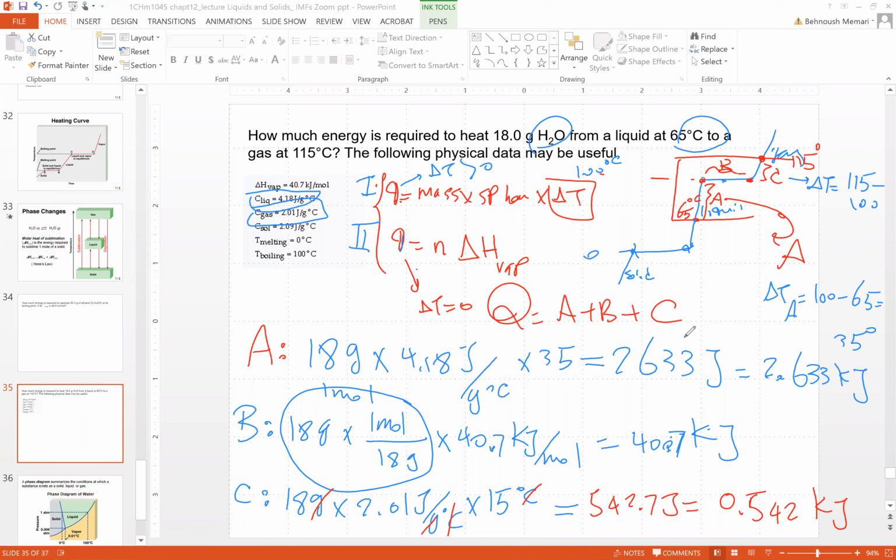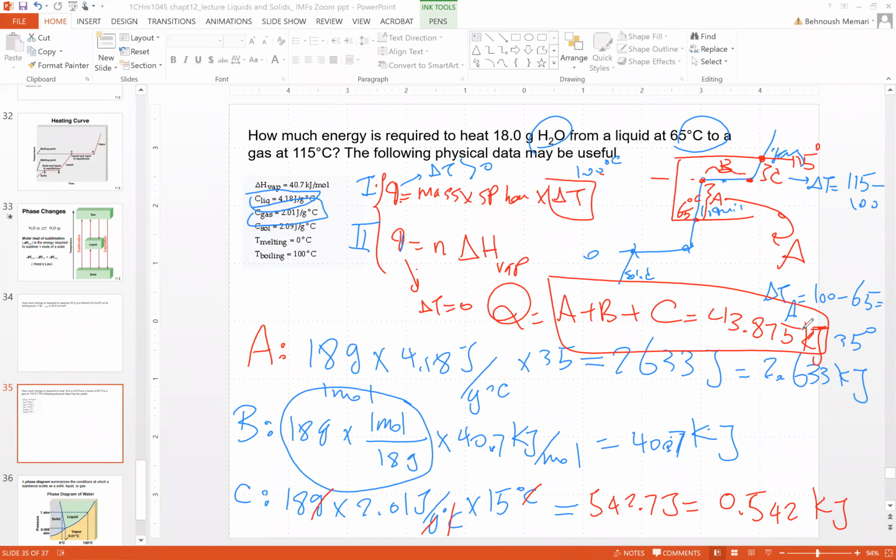That would be 2.633 plus 40.7 plus 0.542, and the answer is going to be 43.875, and unit is going to be kilojoule.